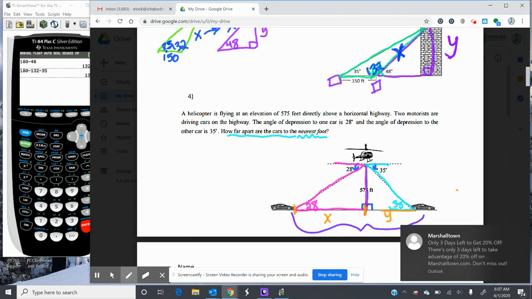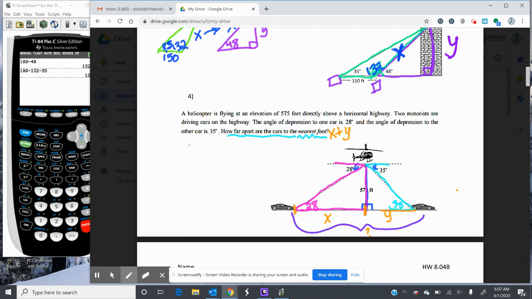So we're going to find two measures X and Y and then add them together for our final answer. So the final answer is going to be X add Y in this case. So we have the first right triangle to the left. And when I keep saying right triangle, you need to be thinking SOHCAHTOA. So this is not going to be the new stuff, that law of sines.